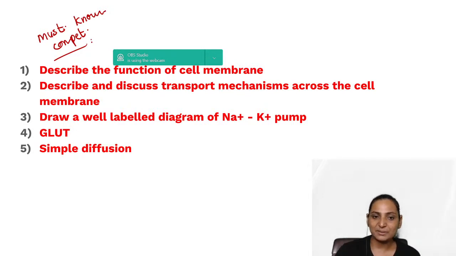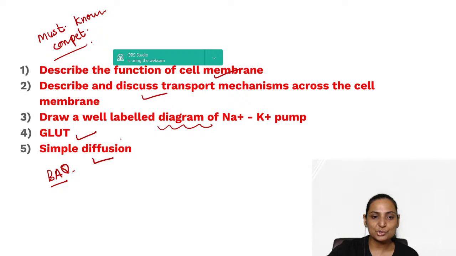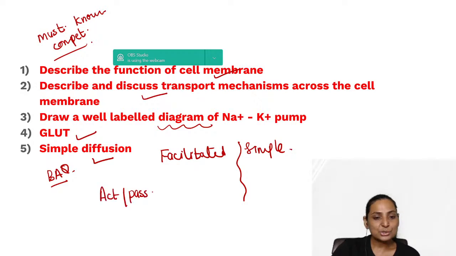So as far as this chapter is concerned, you have to know the cell membrane, the transport across cell membrane, a well labeled diagram of sodium potassium pump, then simple BAQs, 2 marks each, can come on GLUTs, on simple diffusion, or you can get a question to differentiate between facilitated and simple diffusion, or differentiate between active and passive transport. So these BAQs, which are 2 marks each, are definitely a part of your examination now.